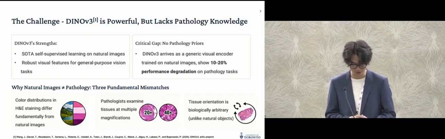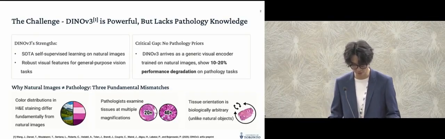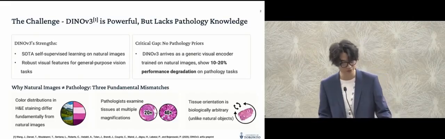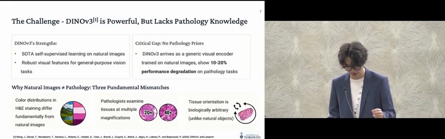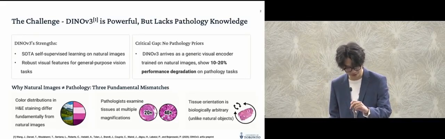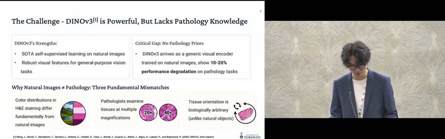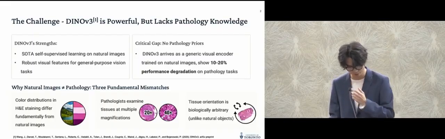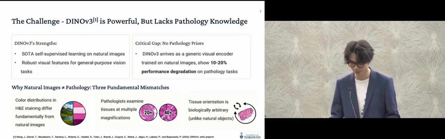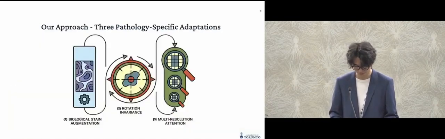For example, first, the color is distributed in H&E staining, which is different from natural images. Secondly, the magnification. Pathology examines tissue at multiple scales, like 20x or 40x, which natural images don't. Thirdly, the orientation. Tissue orientation is biologically arbitrary, but natural images aren't.